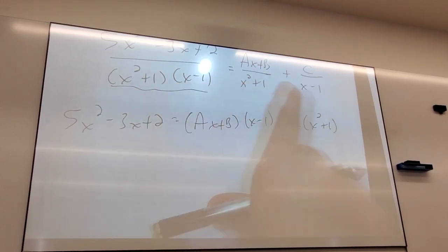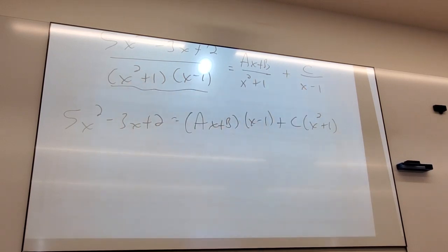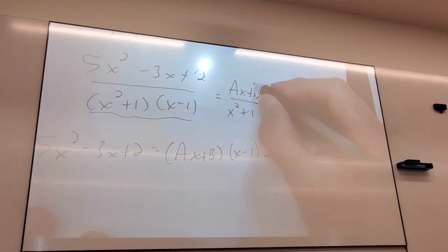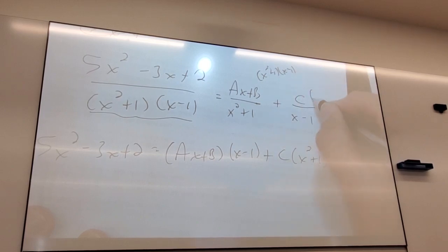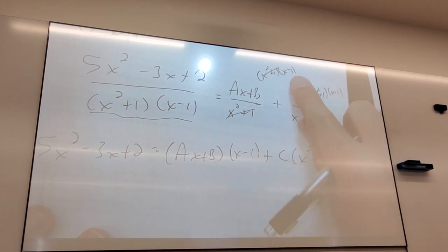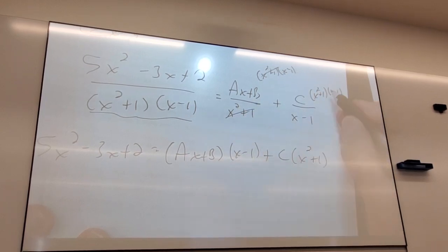Here, these will cancel, so it'll pick this one up. You guys see that? So if I write that next to it, because I'm just multiplying both sides by this, this can't die, so that's still there. This dies, so that's still there.